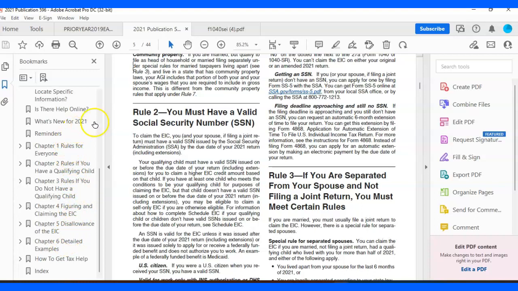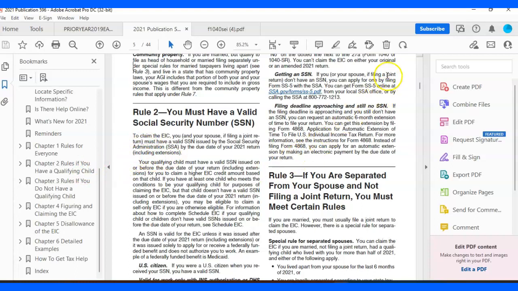I teach how to fill the worksheets out as well. They're cumbersome, they're a pain, but I still teach my clients how to fill them out because you might be in a situation where you have nothing but the worksheet, and you need to know how to fill it out to still come up with the right answer on how much earned income tax credit your client will get.